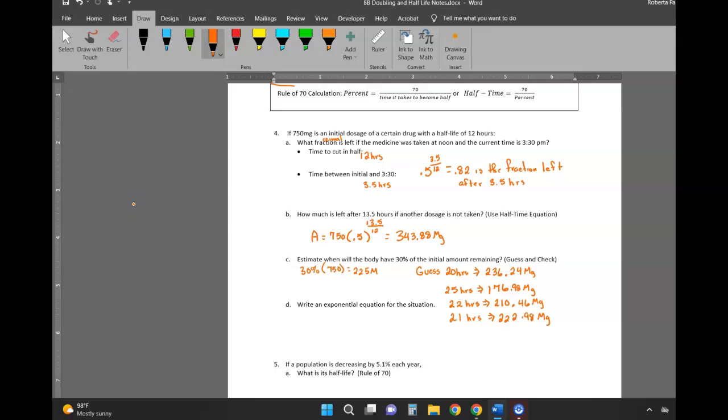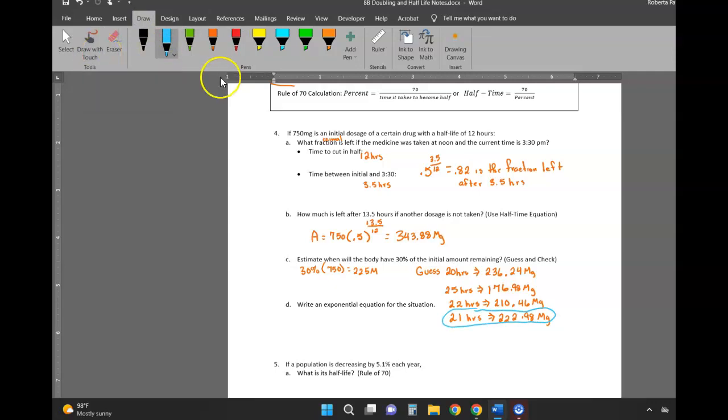We know 20 hours was too much, at 236 versus 225, so that's 11 milligrams off, where here we're only about 3 milligrams off, actually less than 3, probably 2 milligrams off. So the best guess here is going to be 21 hours.